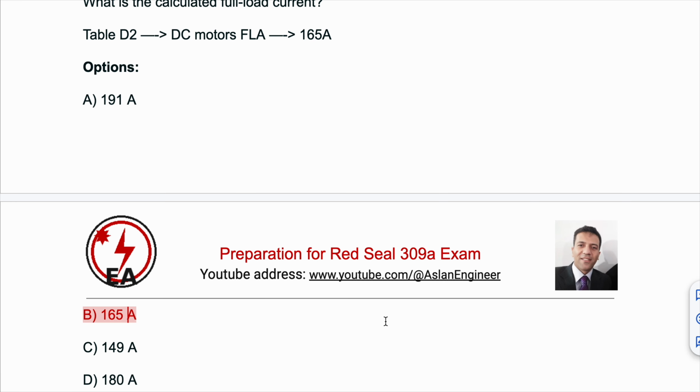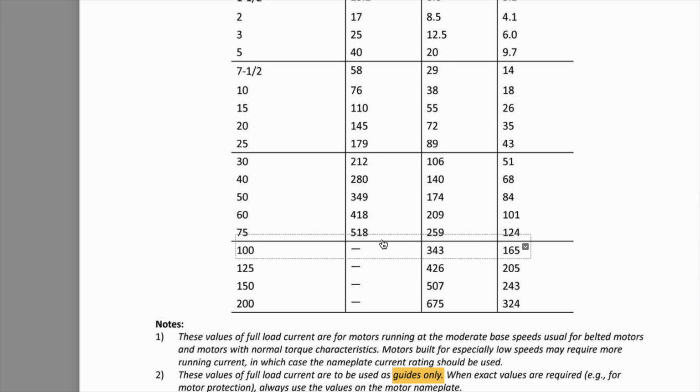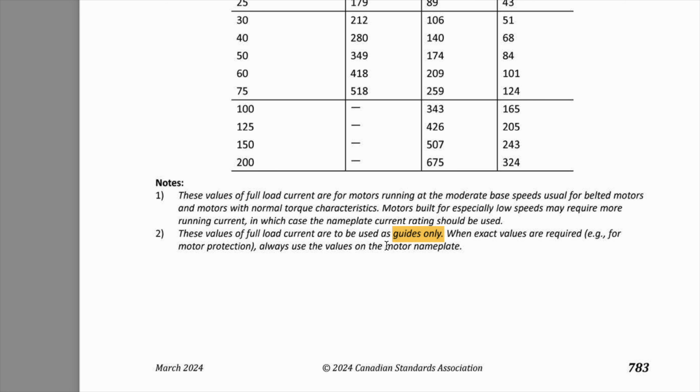Why? Because when you go to the Canadian Electrical Code book, you need to be careful about the notes under the tables, because some notes change the conditions, change everything, and maybe you will fail your exam. This exam is difficult because of these exemptions, these notes.